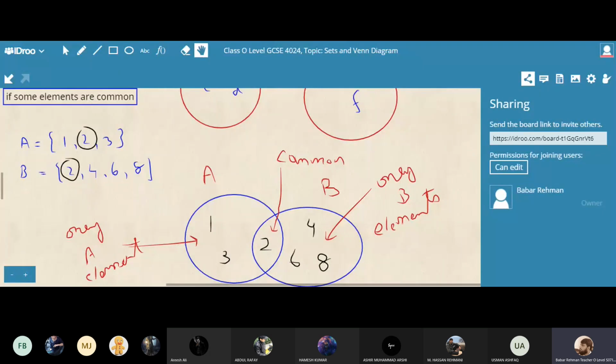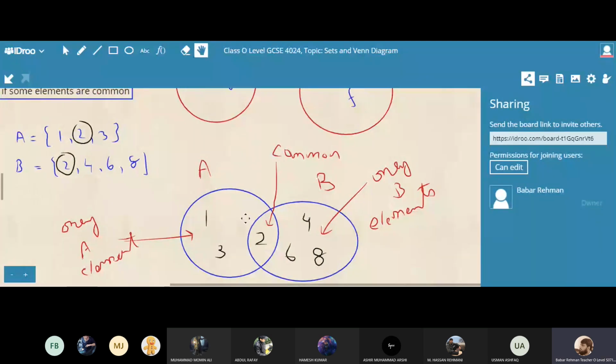Kindly write down these important points. In this area, only A elements will come, and this area which is overlapped is for the common elements, and this is the area only for B.